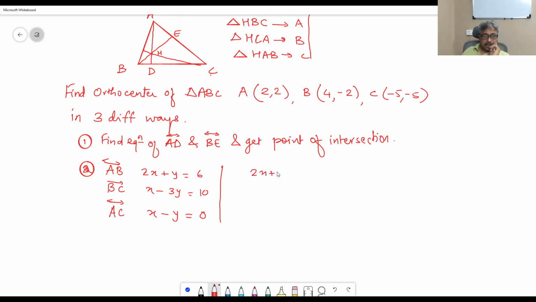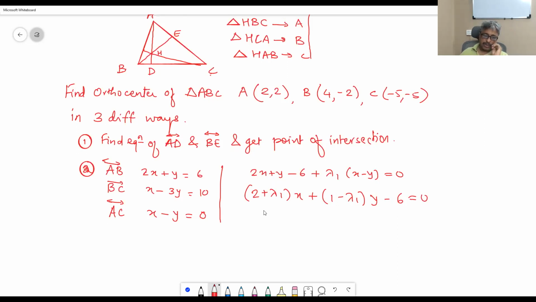So 2x plus y plus lambda 1 times (x minus y) is equal to 0 represents all lines passing through A. Correct? So it is (2 plus lambda 1) times x plus (1 minus lambda 1) times y minus 6 is equal to 0.